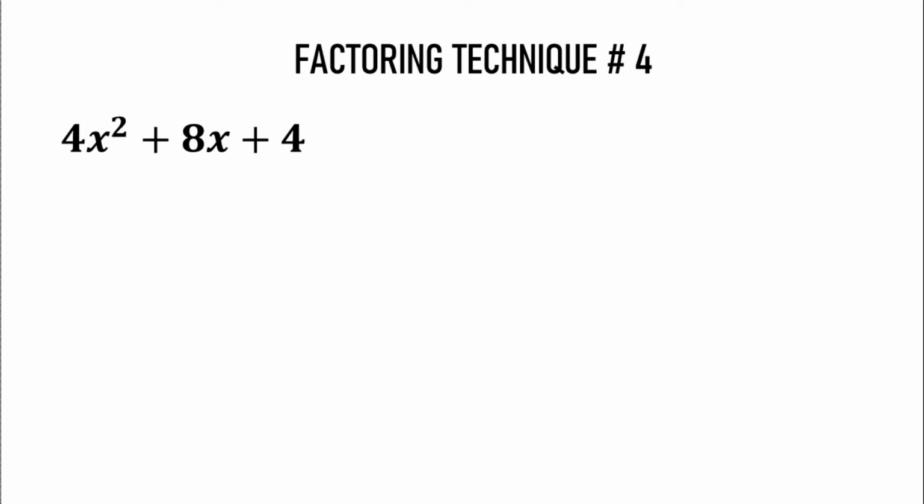Now, factoring technique number 4. Okay. So, ifa-factor out natin. Actually, this is a combination of the first factoring technique, yung GCF, greatest common factor, tapos yung second or third. So, why?